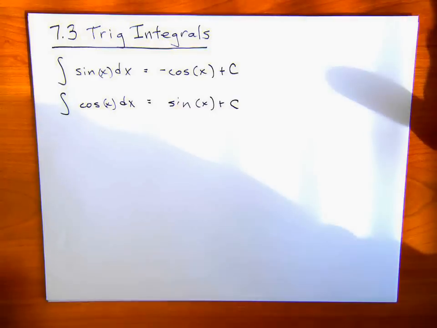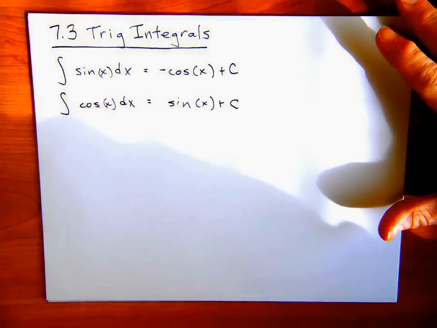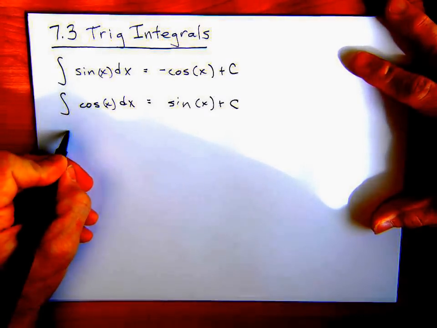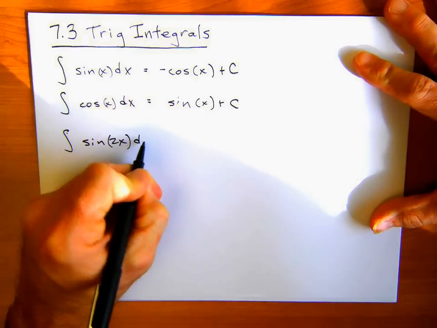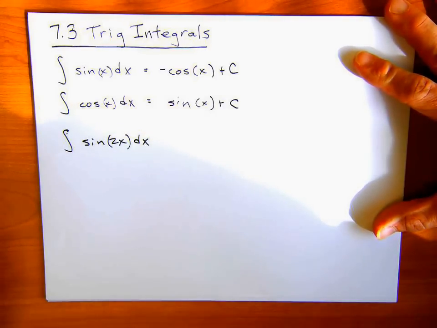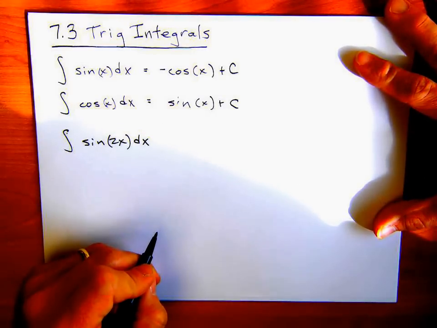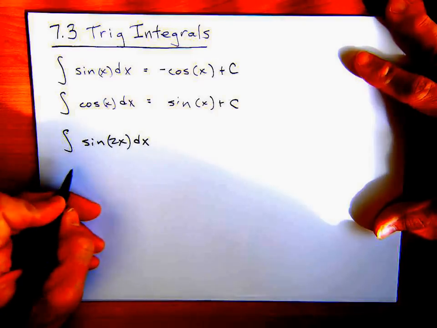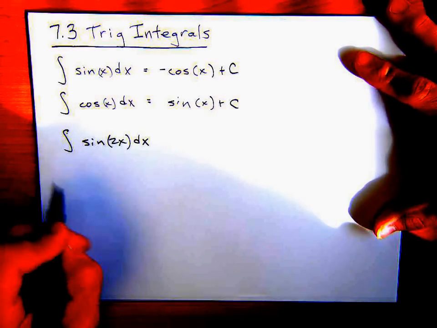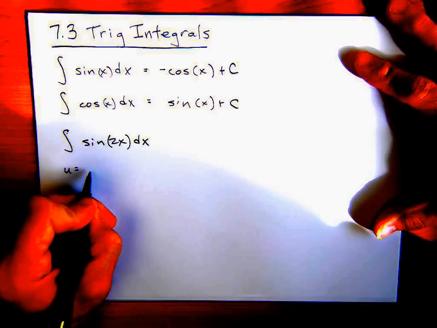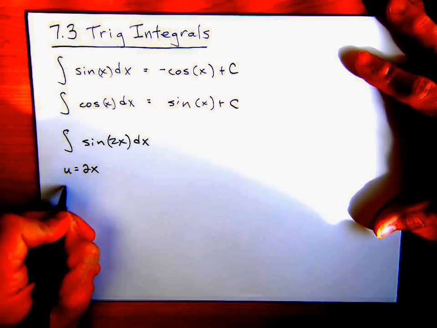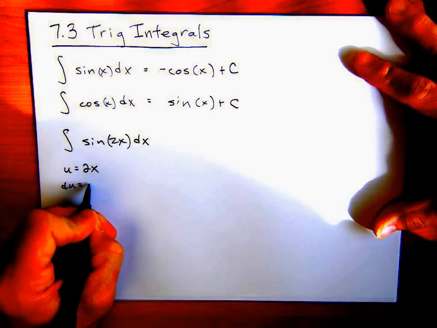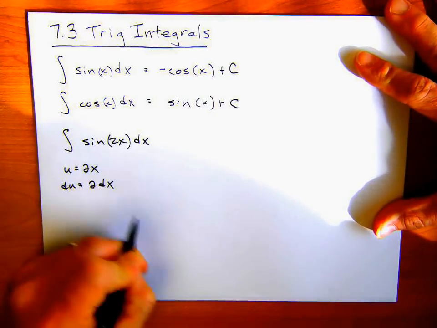We know the other ones as well. We also know something like sine of 2x. So remember, this is basically the chain rule in reverse, and when we're undoing the chain rule, we can think of this as u substitution. So we could let u equal 2x so that du equals 2 dx.